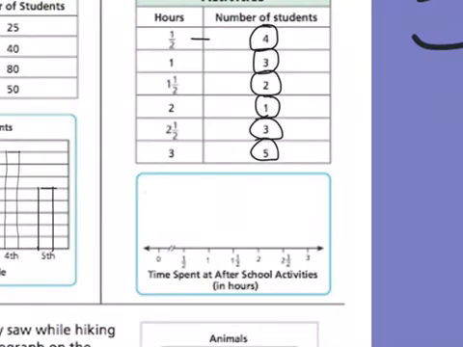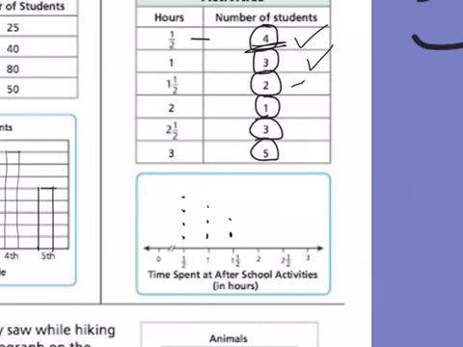So since our lowest number is a half hour or 30 minutes, we're going to make our 4 marks to represent the 4 kids that spend a half hour doing after-school activities. So we're done with a half hour. 1 hour, 3 kids spend doing after-school activities. Done with that one. And 2 kids, right here it says 2 kids spend an hour and a half.